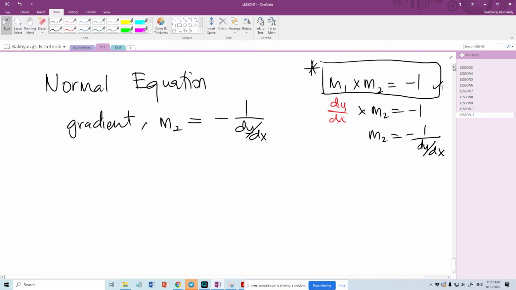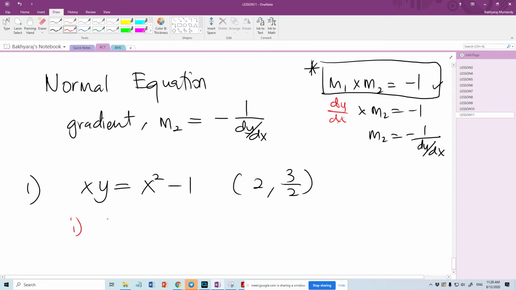Okay, I give you the first question. Question number 1. We have xy equals x squared minus 1 for the coordinate 2, 3 over 2. Get me the gradient M2, and get the normal equation.